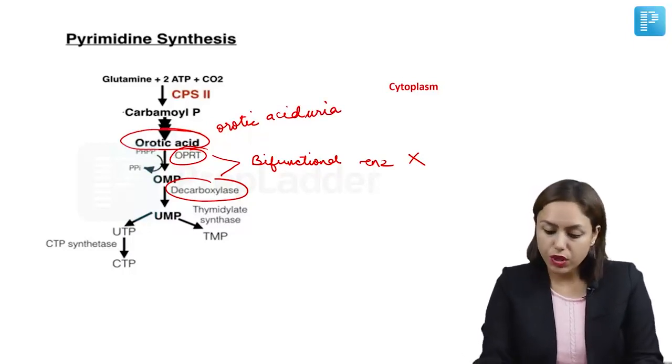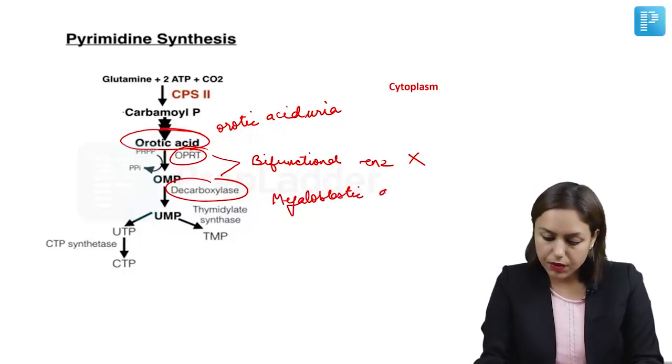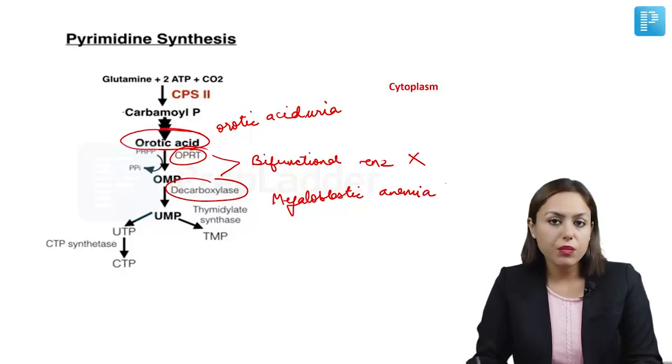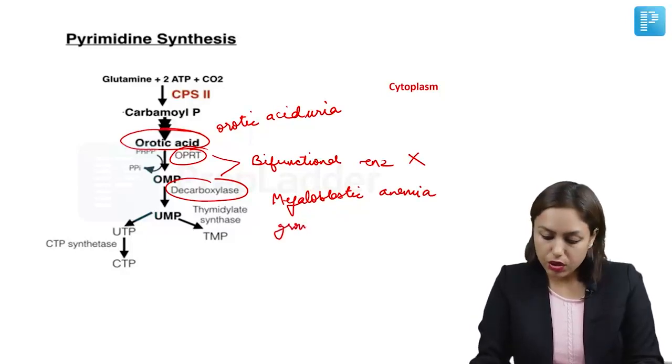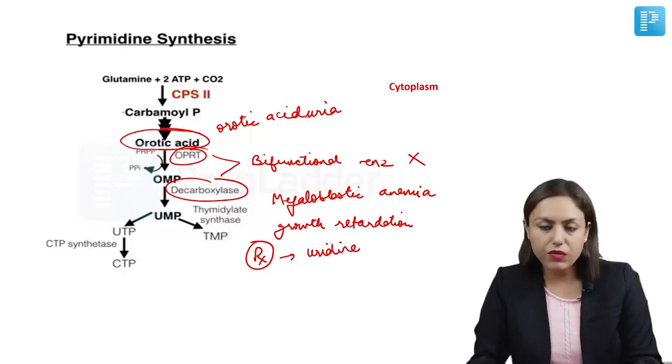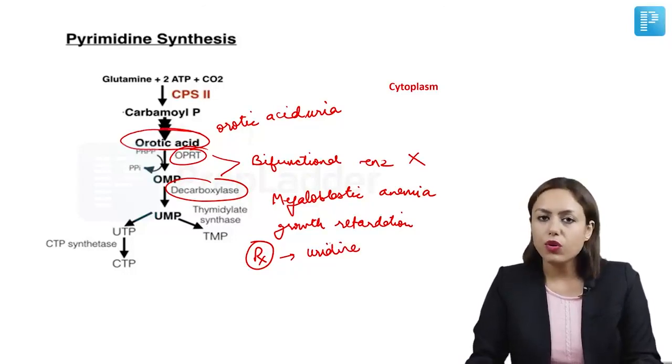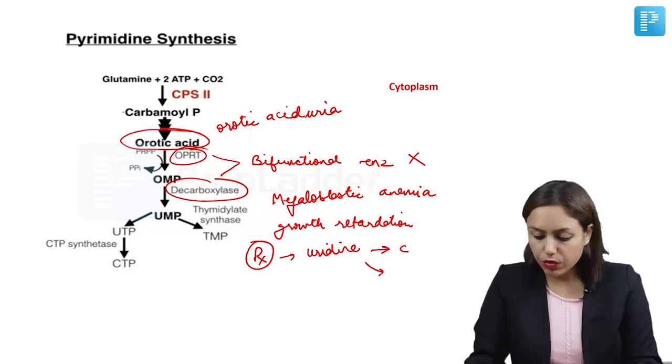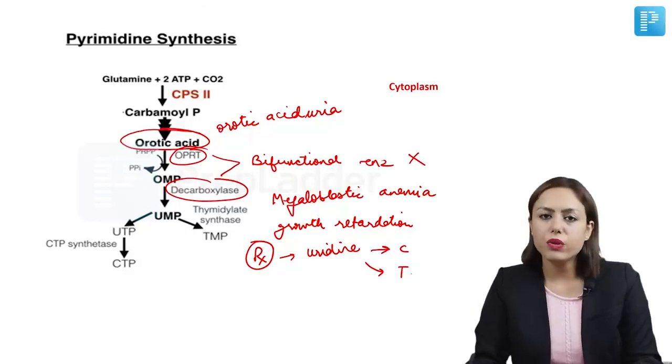In orotic aciduria, patients have megaloblastic anemia and growth retardation. Treatment is giving uridine, giving only one pyrimidine, that is uridine, because U will be converted to C and T and other pyrimidines can be synthesized in body, right?